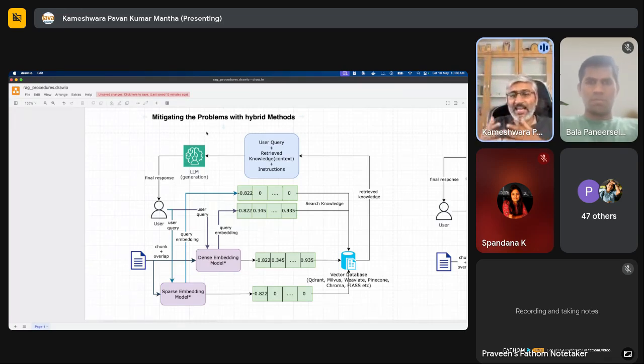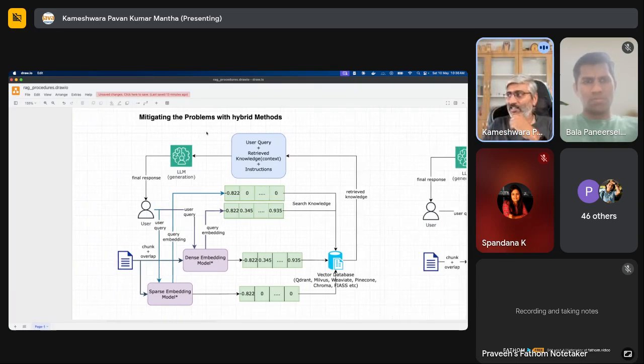So in RAG, we should be very careful in designing the retrieval aspect very strong. And of course, when the retrieval aspect is very strong, then your generation phase obviously will be very strong. That's a general perception. So this is one of the steps that we can deal with in order to mitigate the problems that we have discussed previously.